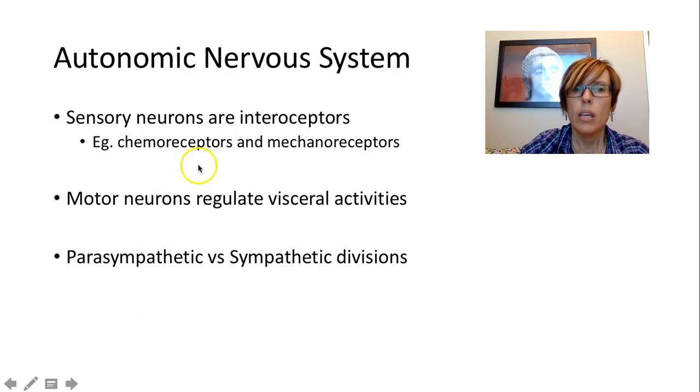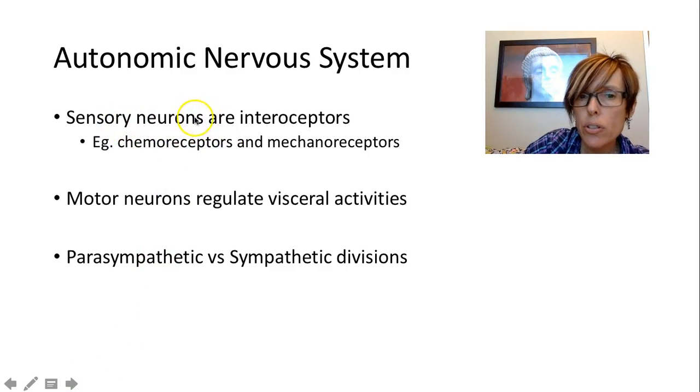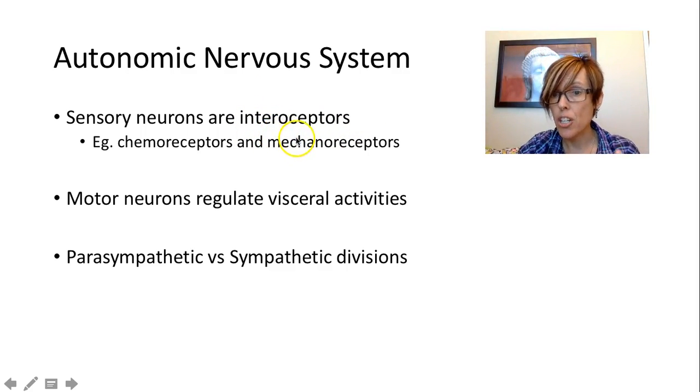All right. The sensory neurons are what are known as interoreceptors. These interoreceptors tell you about information inside of you. For example, you have chemoreceptors and mechanoreceptors. A chemoreceptor is a sensory neuron that tells you information about some sort of chemical cue.